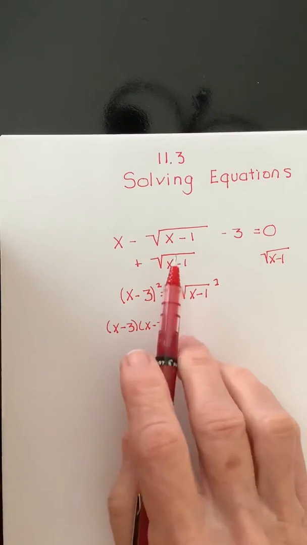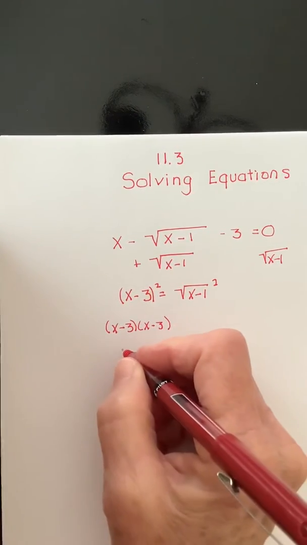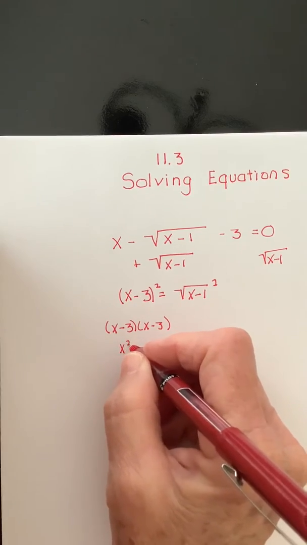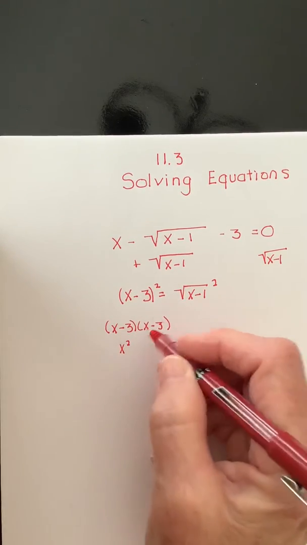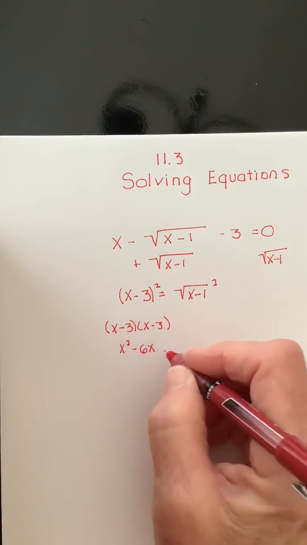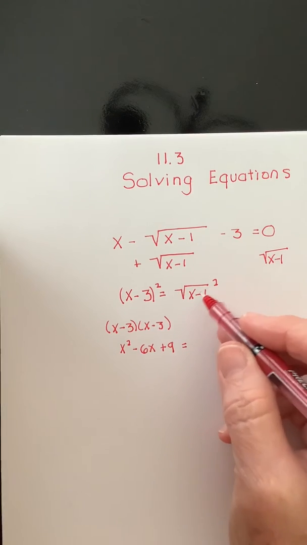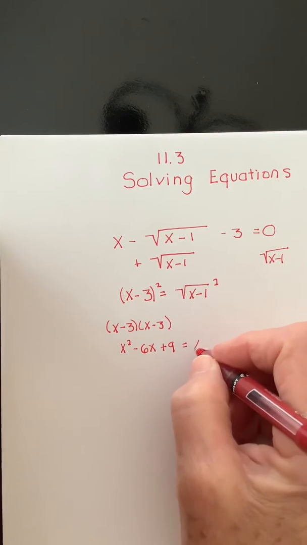Okay, so this is going to be x squared, and then negative 3x, and negative 3x is negative 6x, and negative 3 times the negative 3 is a plus 9. On this side, when we square the square root, we're going to be left with x minus 1.